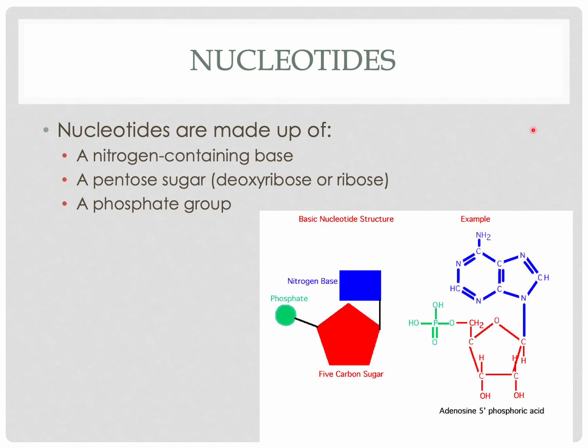You might recall in 9th grade biology, we had the sun, the house, and then the flag: the phosphate group, the sugar, and then the nitrogen base. Looking at an actual example, here's your phosphate group, the sugar, and then the nitrogen base. The phosphate group gives the nucleic acids their acid nature.